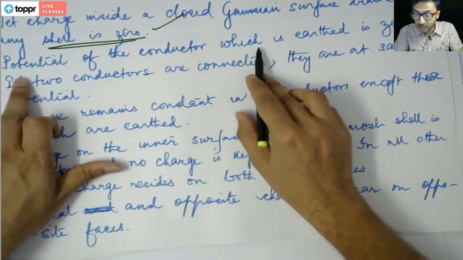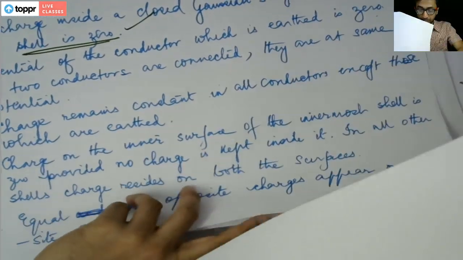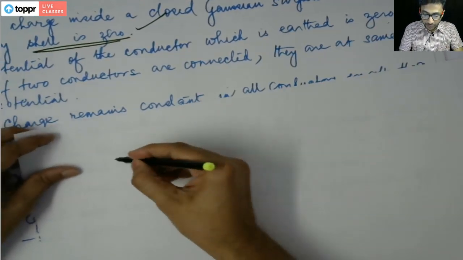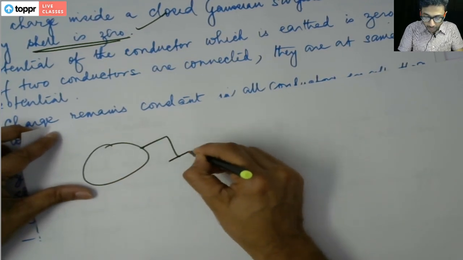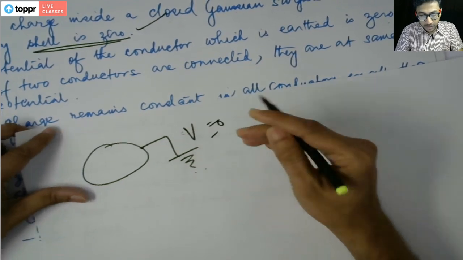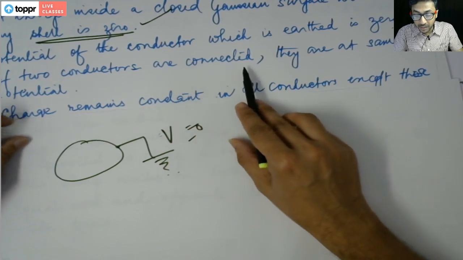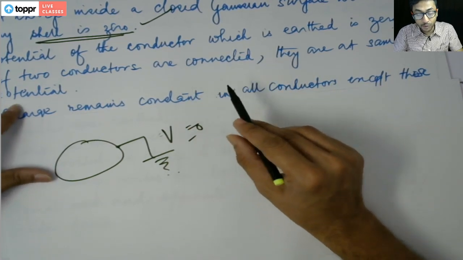The potential of a conductor which is earthed is 0. Definitely. If we take a conductor which is earthed, the potential at this point will be 0. If two conductors are connected, they are at the same potential.